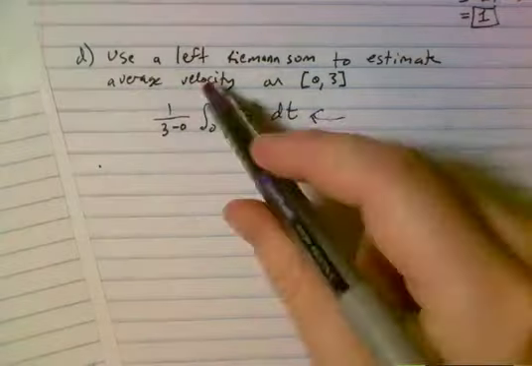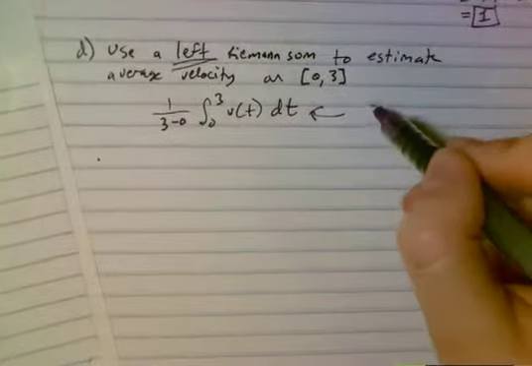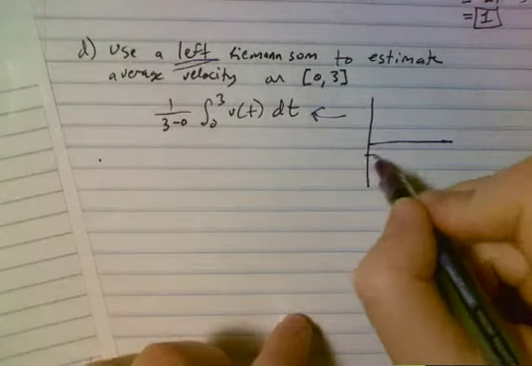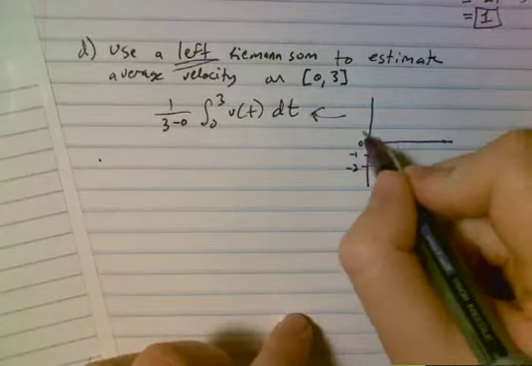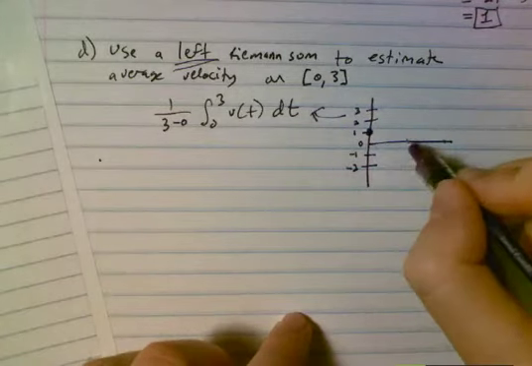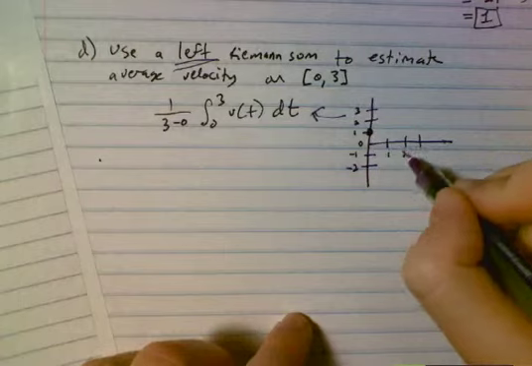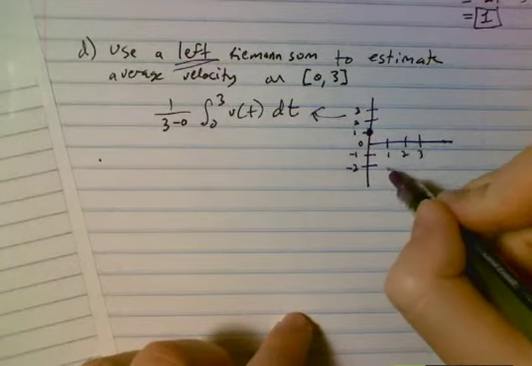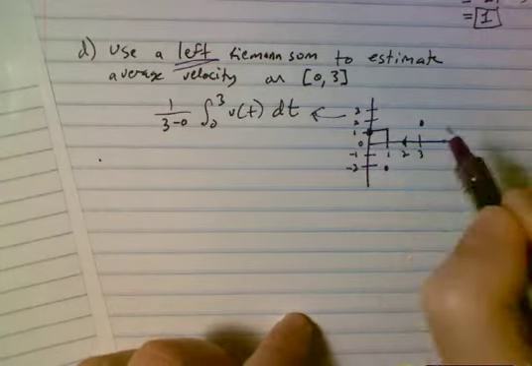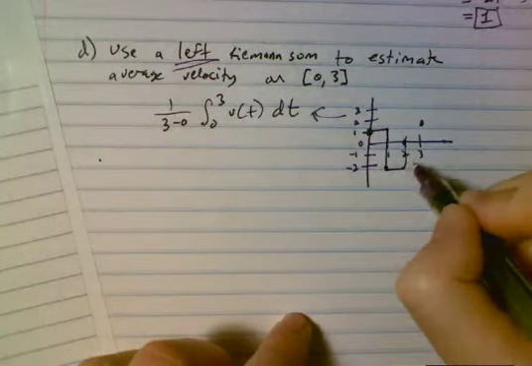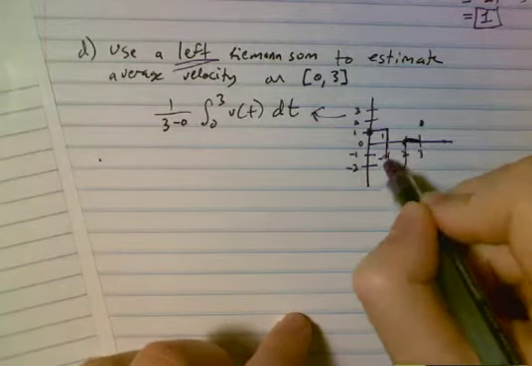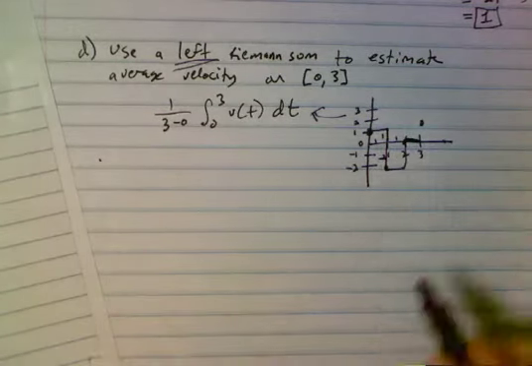So I'm going to do that same thing, but now we're using a left Riemann sum. So we've got one rectangle there, one rectangle there, one rectangle there. So this is 1, this is -2. The widths are 1.